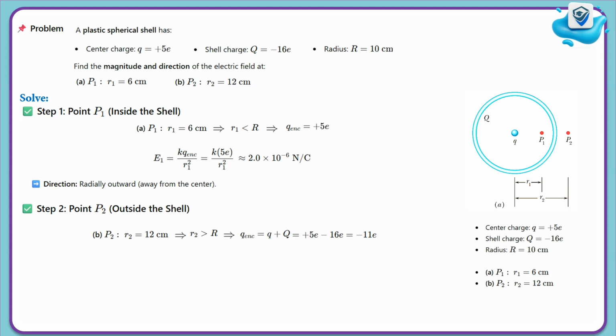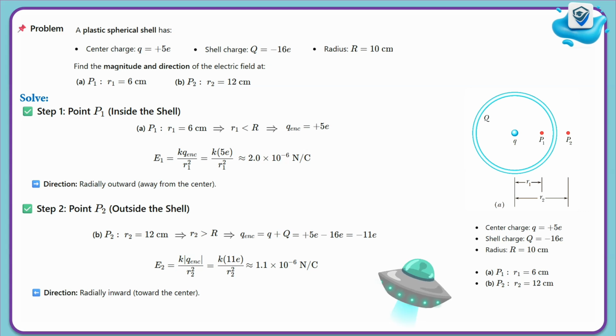Now substitute this value into the electric field equation. E2 equals k times the magnitude of Q enclosed divided by r2 squared. After substitution, we obtain E2 is approximately 1.1 times 10 to the power of minus 6 newtons per coulomb. Since the total enclosed charge is negative, the electric field points toward the center.